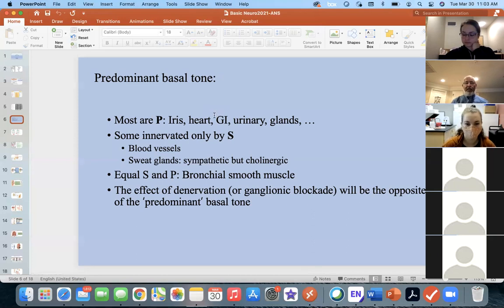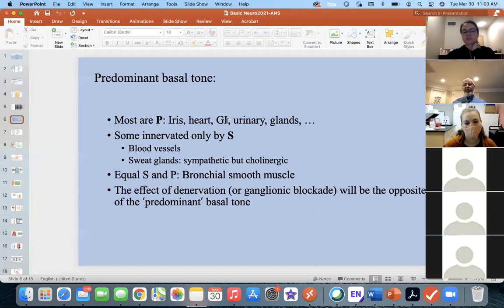So like the heart. For the GI, under normal resting condition, you eat, you relax, your food is digested. Those are all parasympathetic. So basal tone in the GI tract is predominantly parasympathetic. Urinary system: under normal condition, you are drinking, you are enjoying your drinks, you are having food.